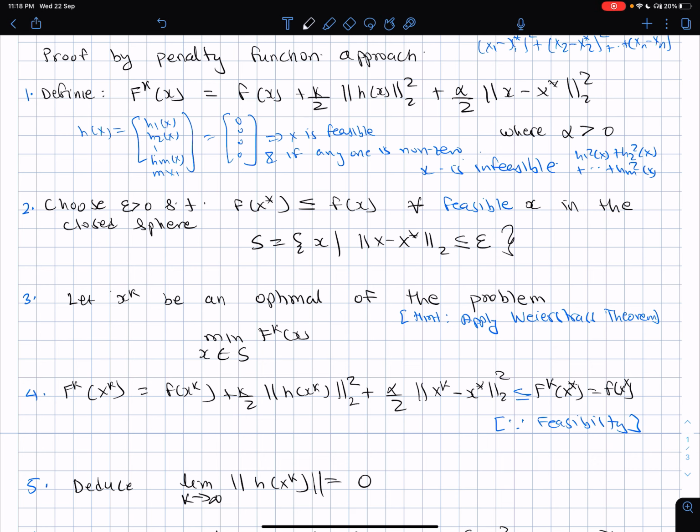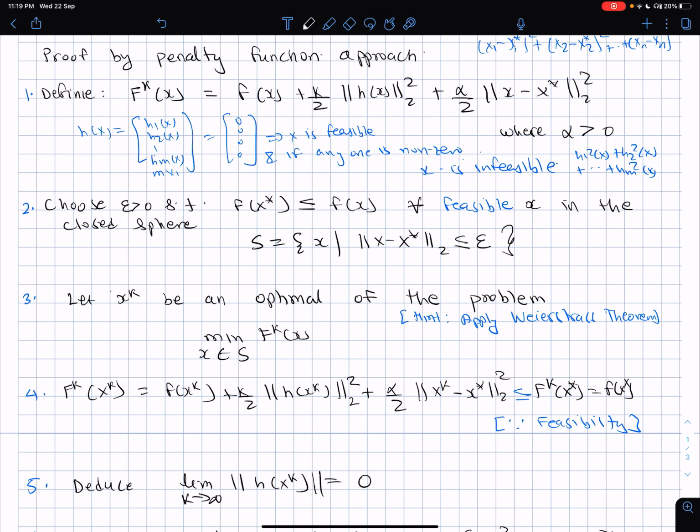So what it means is that if x star is a local minimum, then there exists an epsilon neighborhood, defined by a sphere around x star, such that x star is the best feasible point in the set S, consisting of x star and all other feasible points around it.